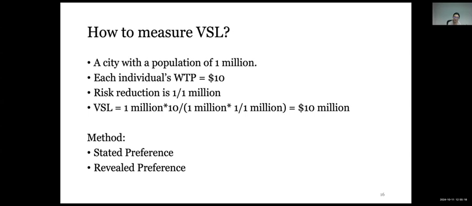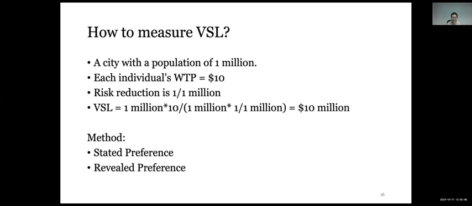So we use $10 million divided by 1 million times 1 in a million, which gives us $10 million for the value of statistical life for the city. That is the mathematical approach to estimating the value of statistical life. It sounds pretty easy, right? Mathematically, you just use the total willingness to pay divided by the aggregated risk.